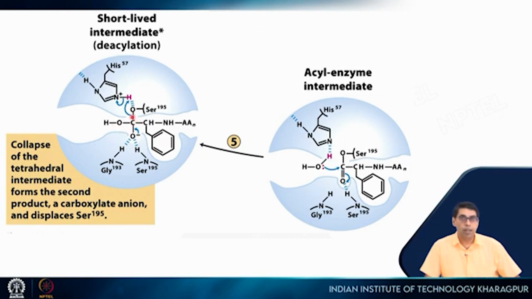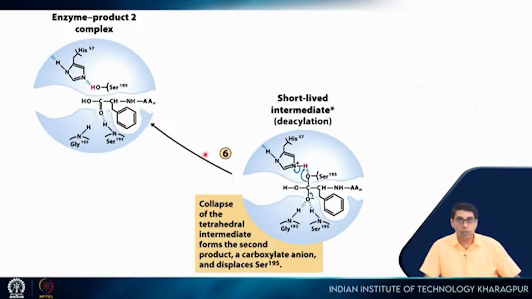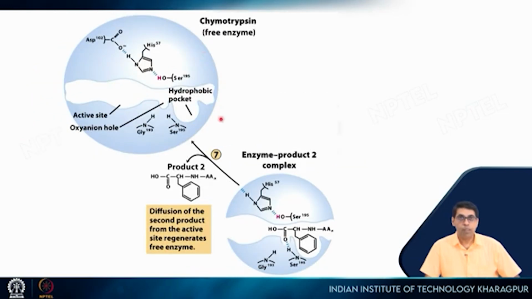So this carbon-oxygen bond will break like so, and this is your free peptide. The serine is regenerated, the histidine is regenerated, and the second part of the peptide diffuses out, and the free enzyme, chymotrypsin, is regenerated.